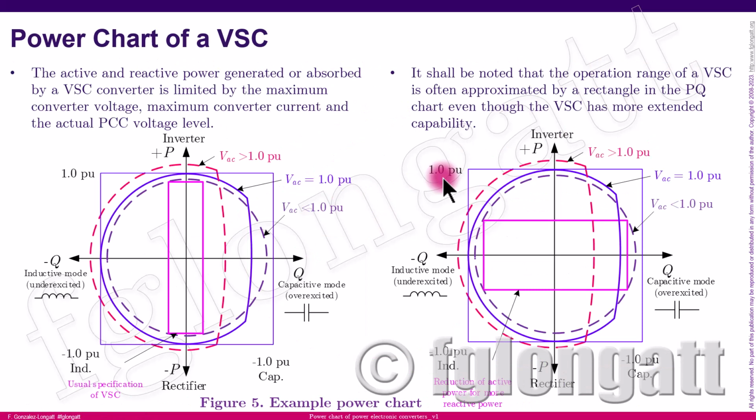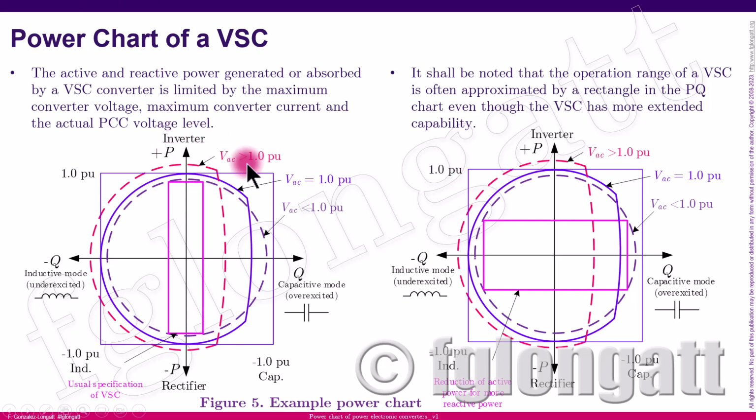But moving forward, the classical representation of the PQ curve or the PQ chart for a power converter has a strong relationship, as we said before, with the voltage at the external operating point.